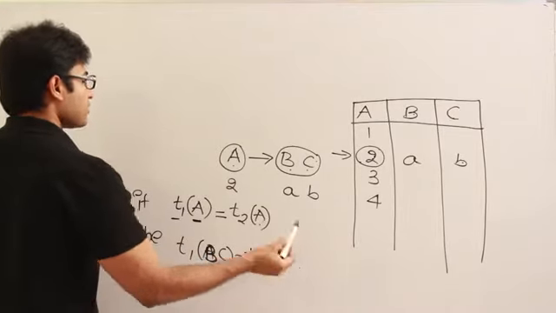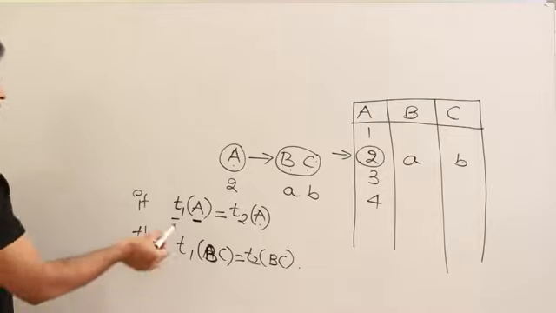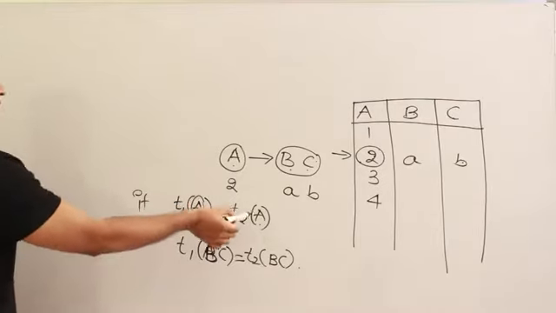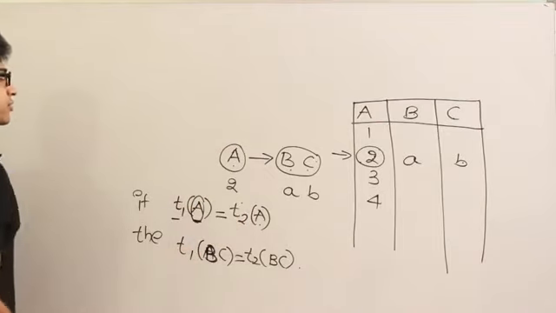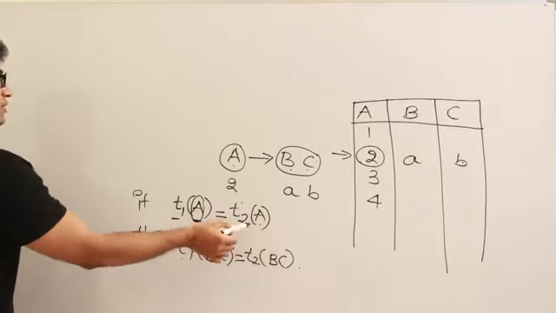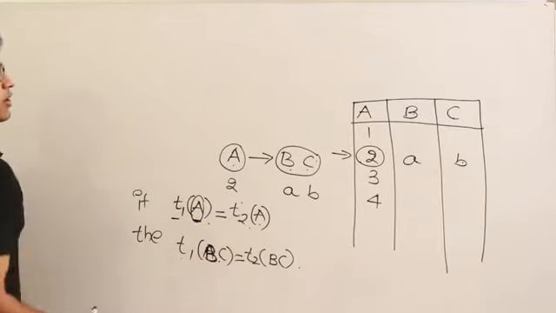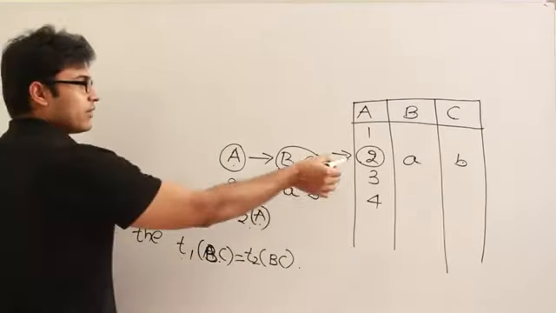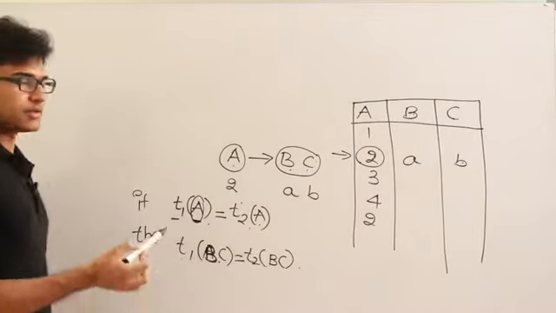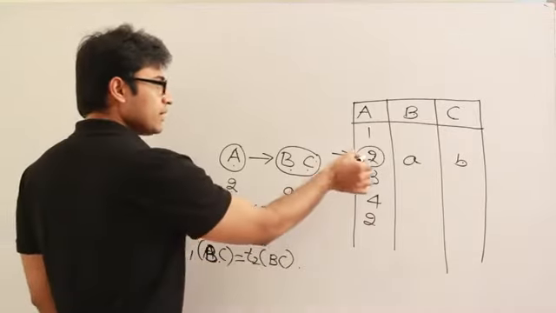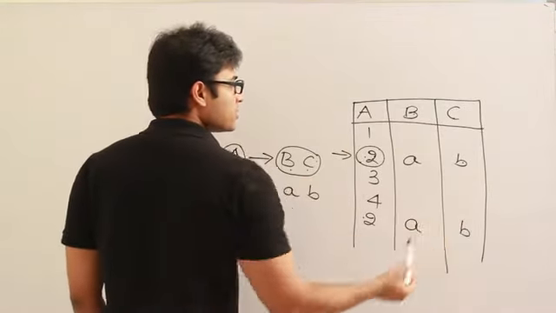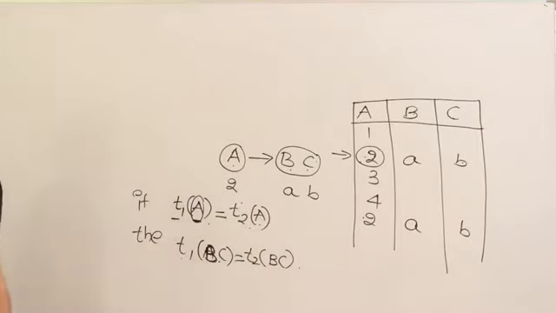This is the meaning of it. In case if these two values are equal, wherever A repeats, B and C are also supposed to have the same value. That is the meaning of it.